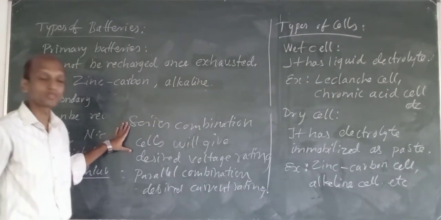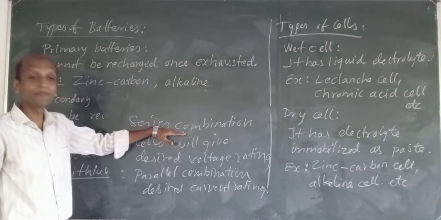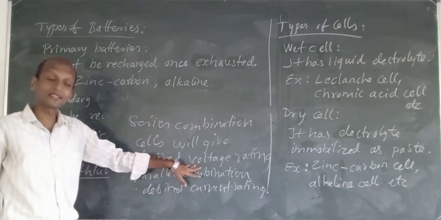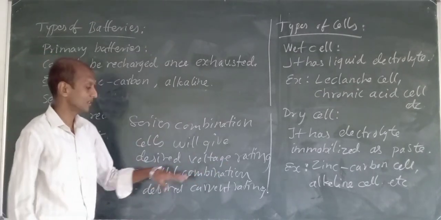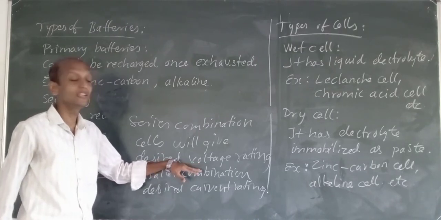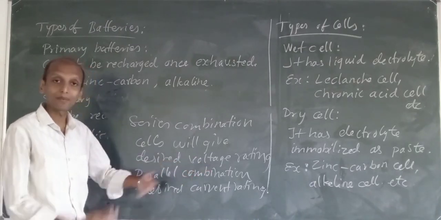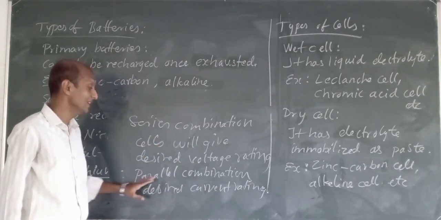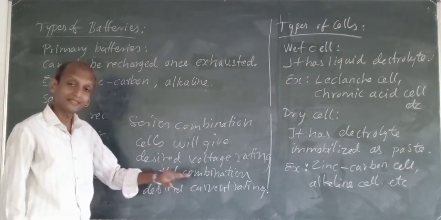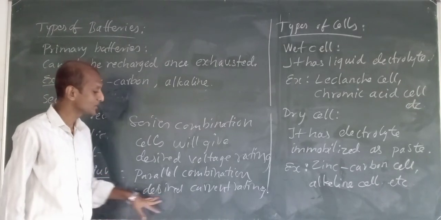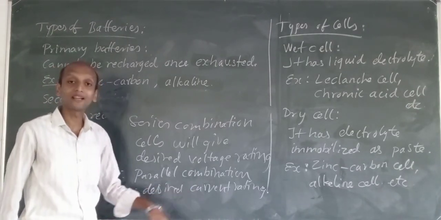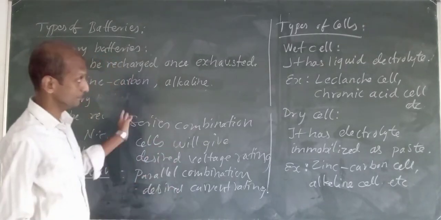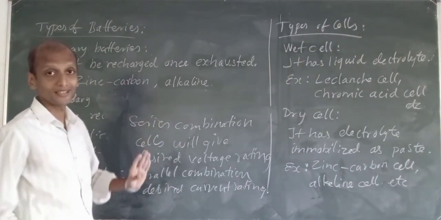These are the two points we can make out. When we connect cells in series, we obtain the required voltage rating. When we connect cells in parallel, we get the desired current rating. So it is all about batteries and cells.